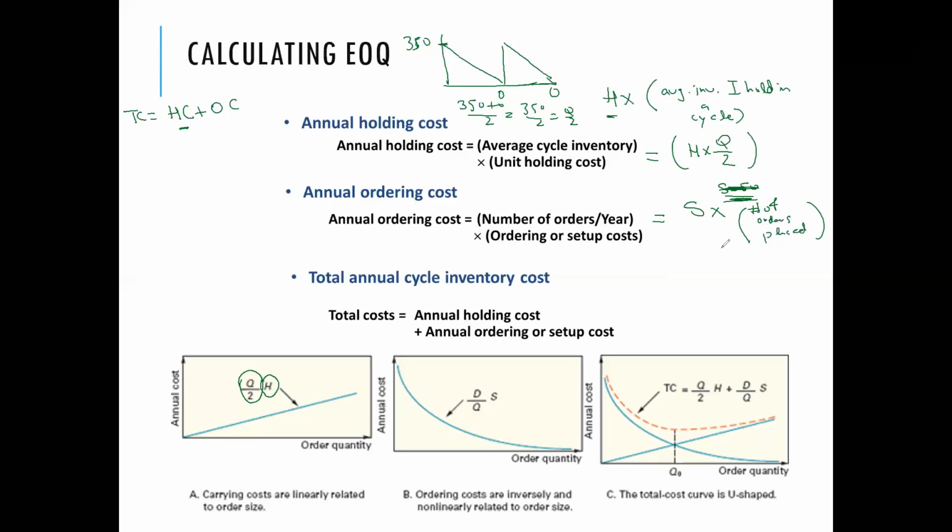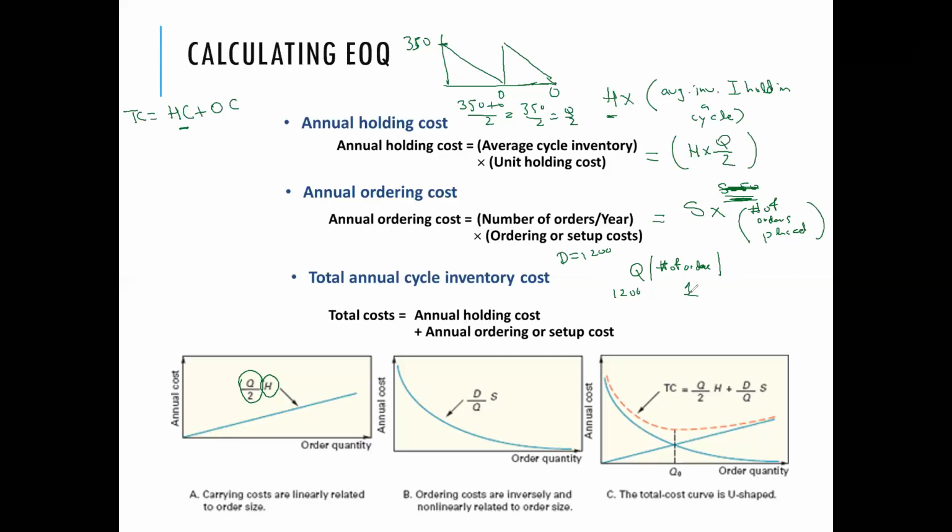Now, how do we find out the number of orders placed? I'll quickly recreate the same table: order quantity, number of orders. If the order quantity is 1200 and let's say the demand is 1200, how many orders will you place?